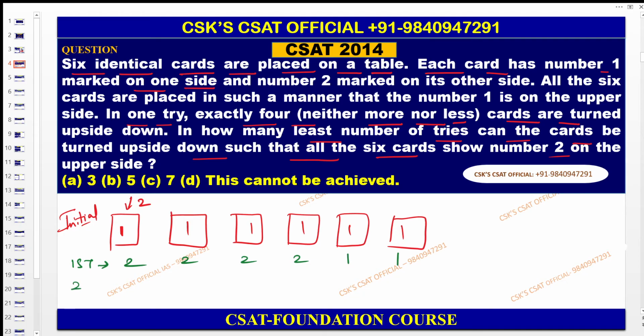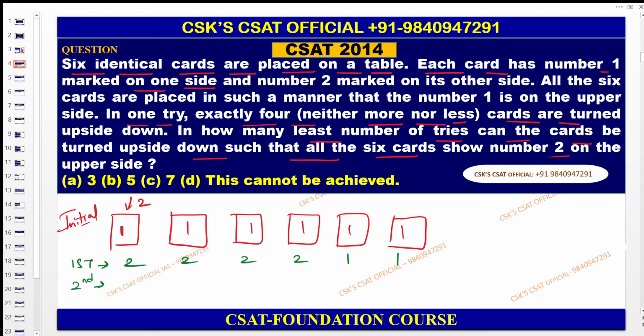The second time, what you will do is keep any two of the 2s here. So let us keep any 2, not an issue. Or else, do one thing, in a simple manner. The first attempt you are doing with the first 4 cards.